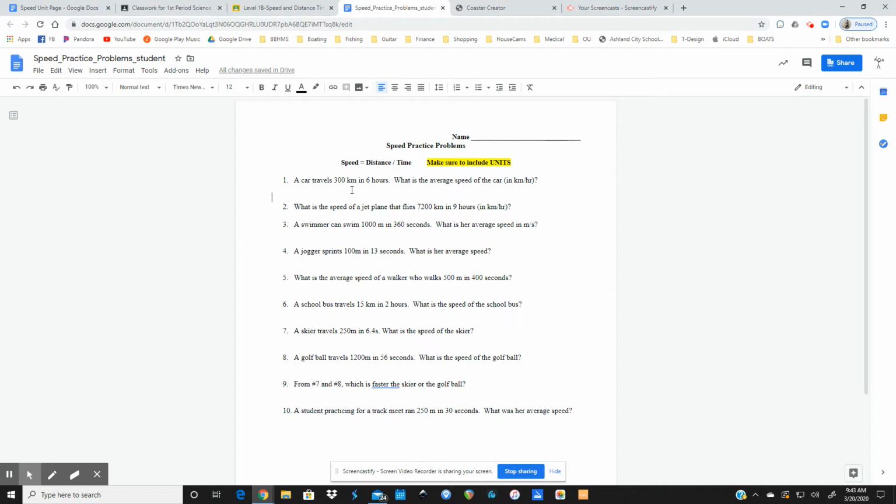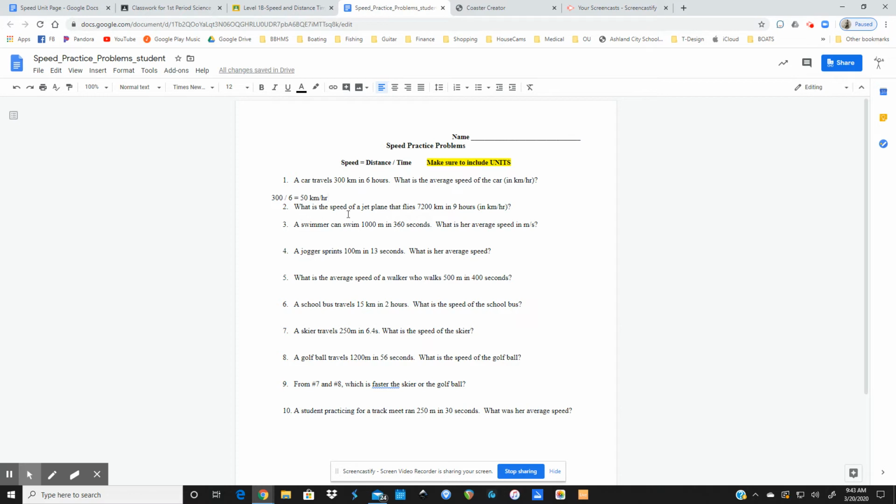Well, the distance is 300. Very good, because km stands for kilometers, or 1,000 meters. And we're going to divide that by the time of 6 hours, and that's going to equal 50 kilometers per hour.